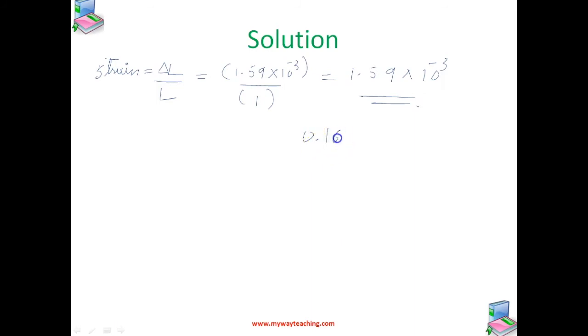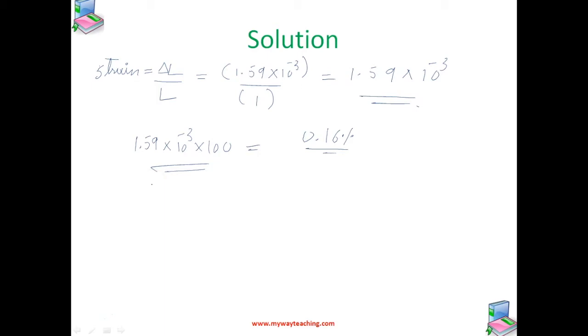If you convert it in terms of percentage, that is 1.59 into 10 raised to minus 3 multiplied with 100, which gives 0.16%. So this is the first problem where we found the stress, elongation and the strain given Young's modulus.